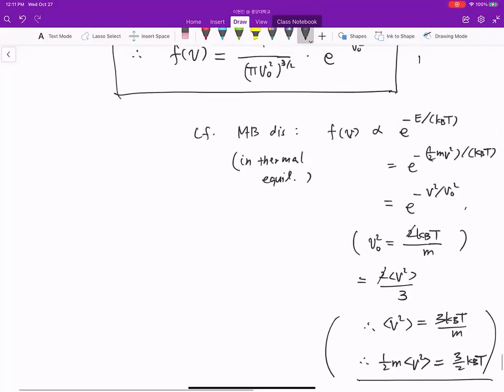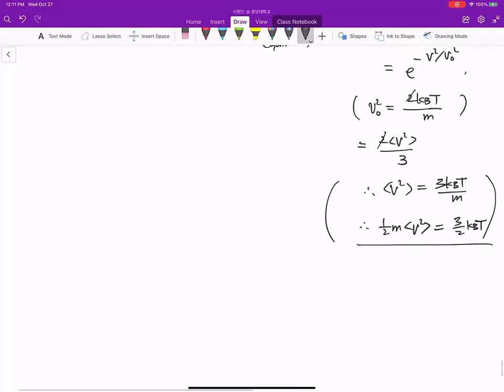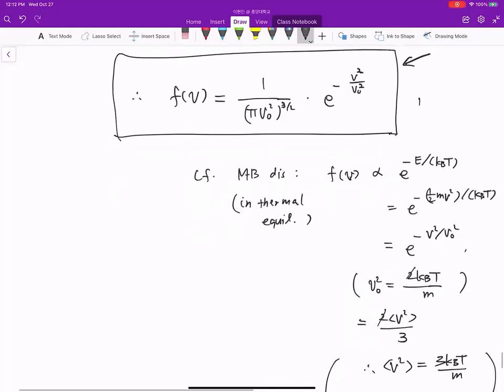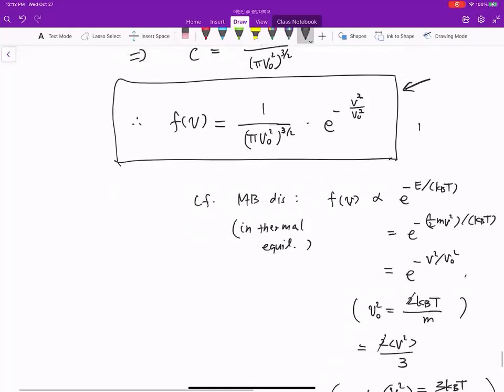Just according to statistical mechanics, we can infer that individual dark matter particles must follow this distribution. Another point is that the dark matter velocity can be from 0 to infinity, but at large velocity you have an exponential suppression.